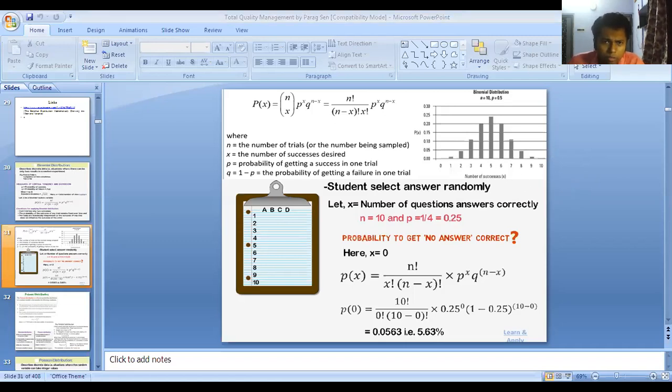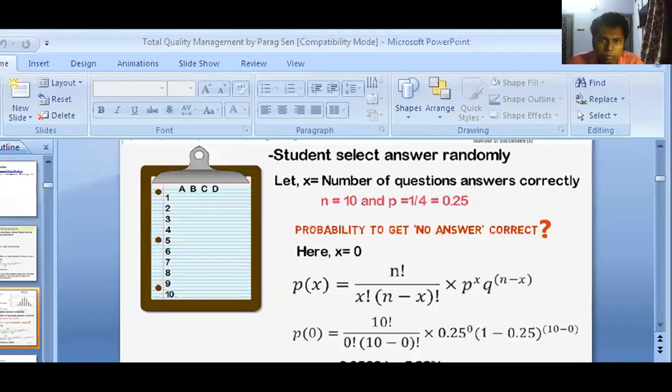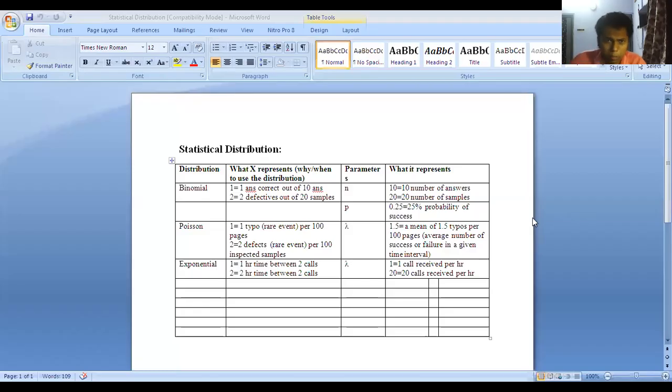But in case of the Poisson distribution, yes, now I can share it.